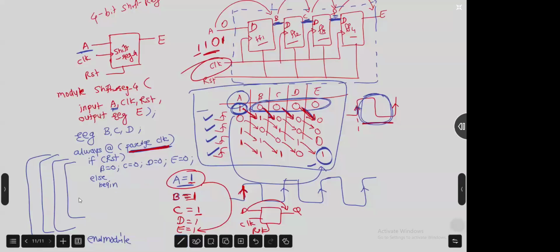Okay. So what will I do first? The value of D goes into E. Okay.